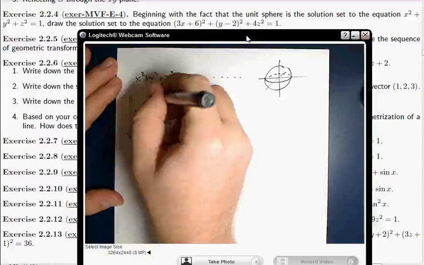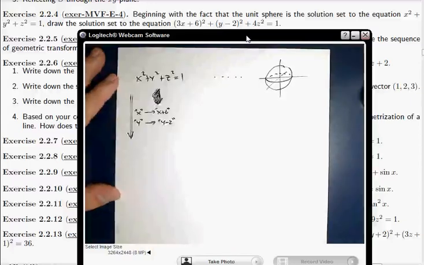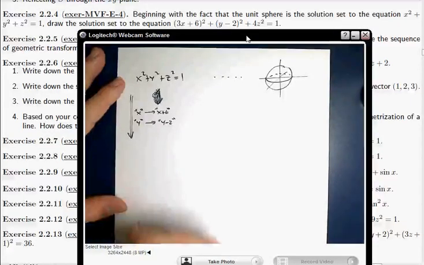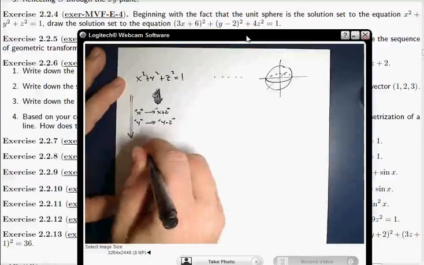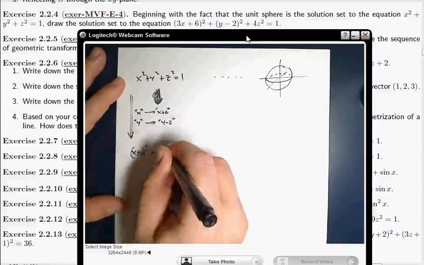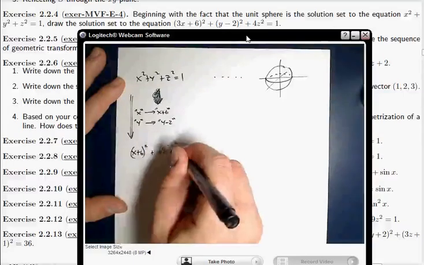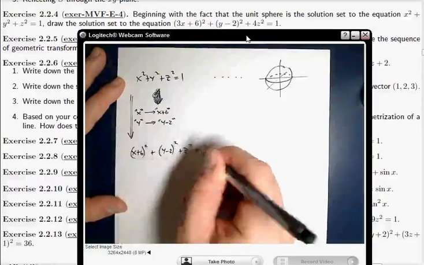So in doing that, the equation becomes (x plus 6) squared plus (y minus 2) squared plus z squared is equal to 1.